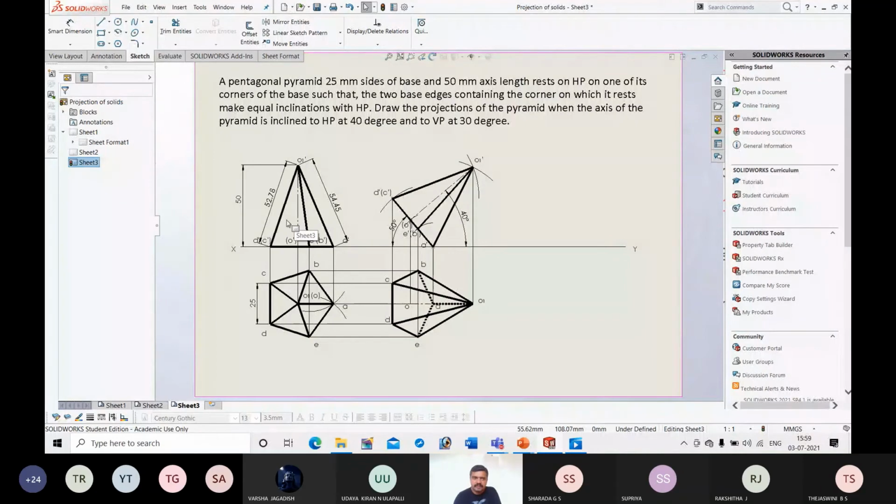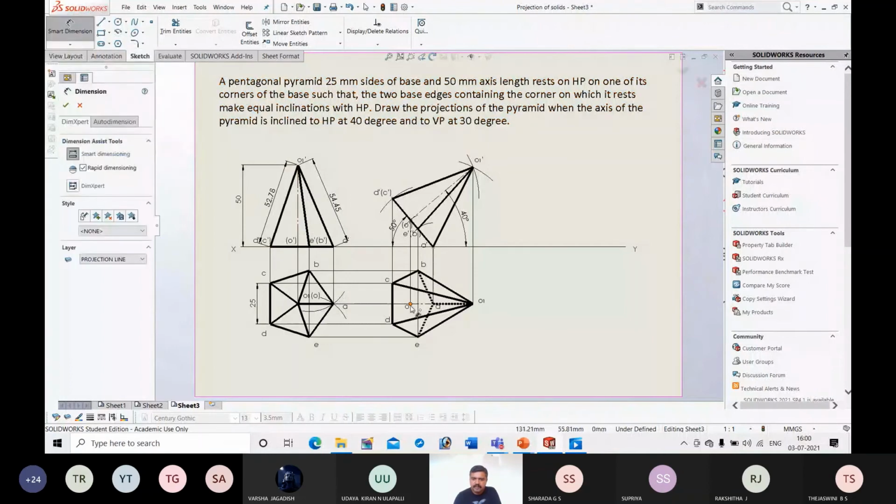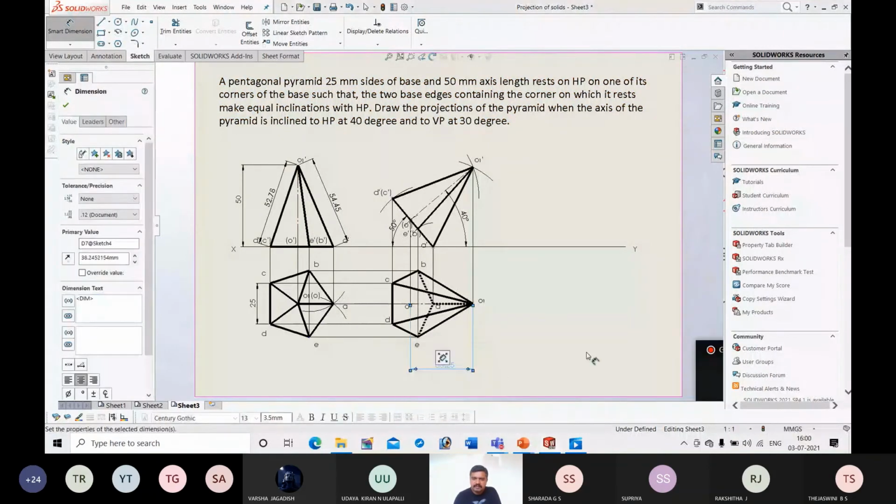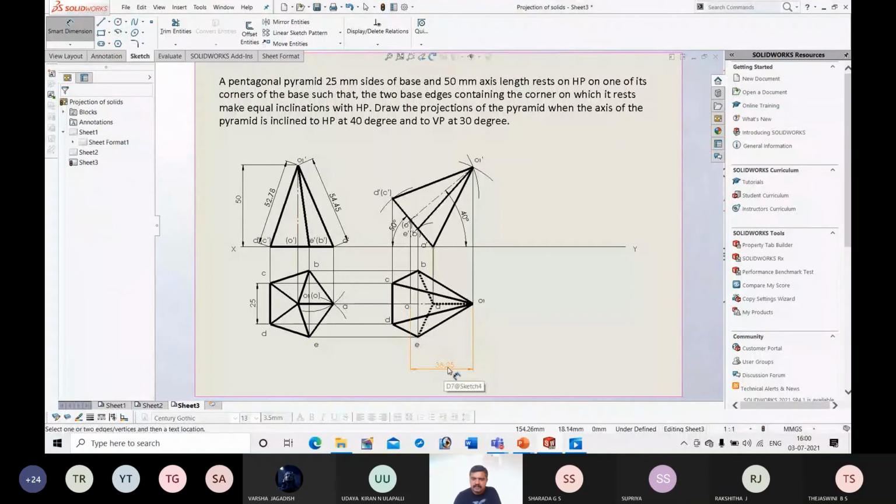Now we can measure the length of this axis, that is from O to O1. If I measure, it is 38.25. Actual length of the axis is 50. That means here I am having false length of the axis, but given inclination is true.